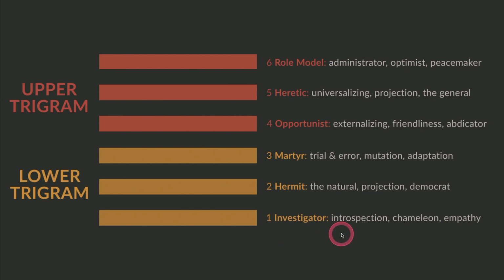The investigator we associate with introspection, the chameleon, and empathy. And essentially the first role, the first line, is all about foundations. Everything associated with first line themes, whether we're talking about a role or any keynote for any gate, is all about that which establishes the foundation of that hexagram and its meaning or theme. Without a firm foundation, you can't really move through the rest of the hexagram.